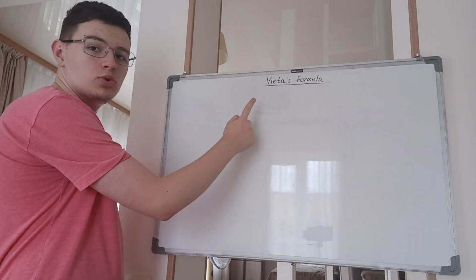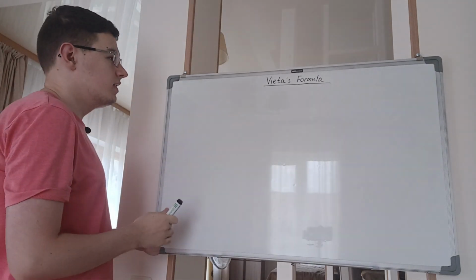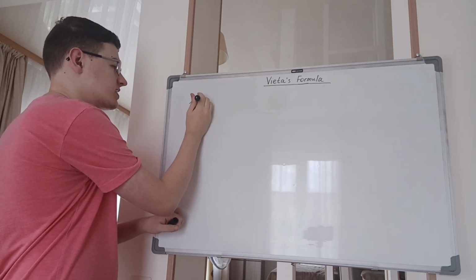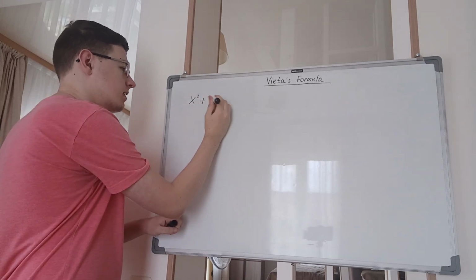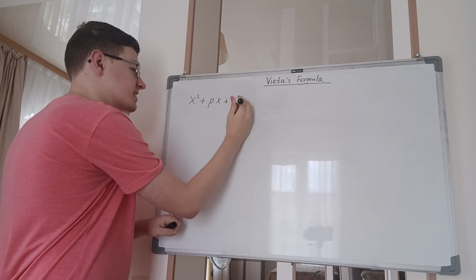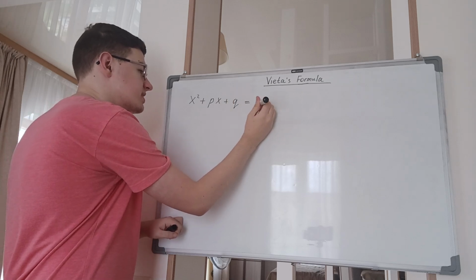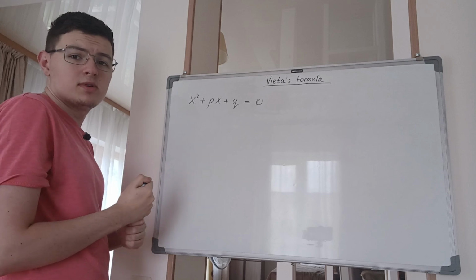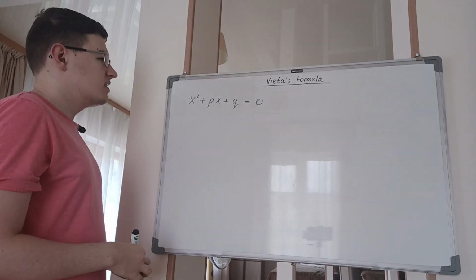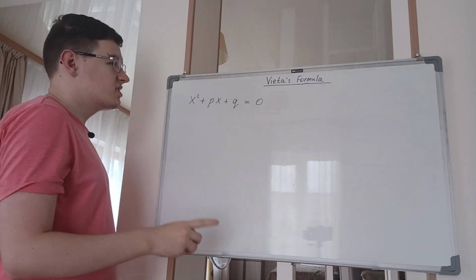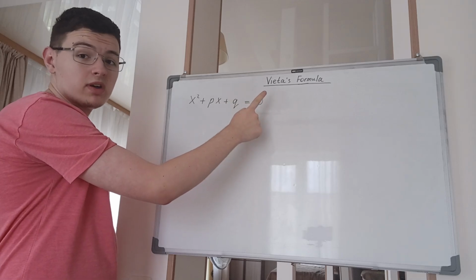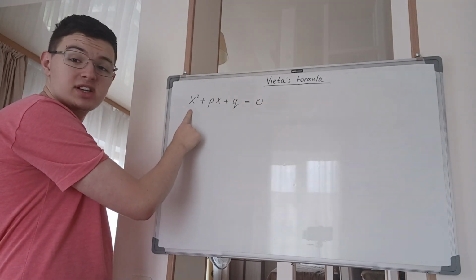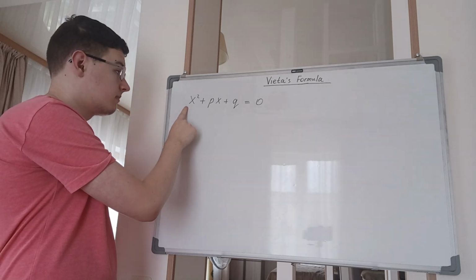So we can use this way, Vieta's formula, for such equations: x squared plus p times x plus q equals 0, where p and q are some coefficients. And just keep in mind that to use Vieta's formula, we must have a coefficient that stands next to x squared equal 1.